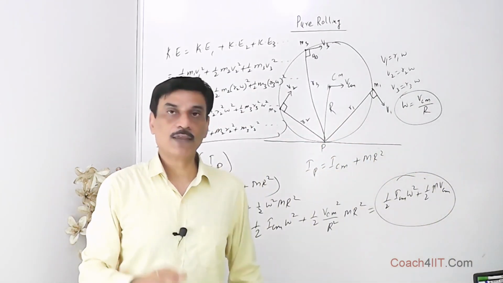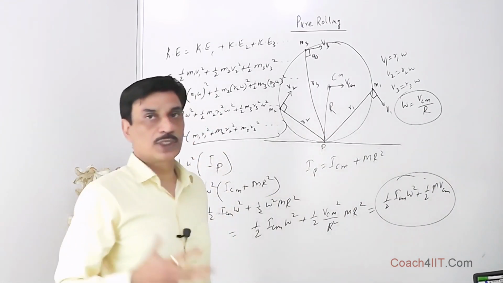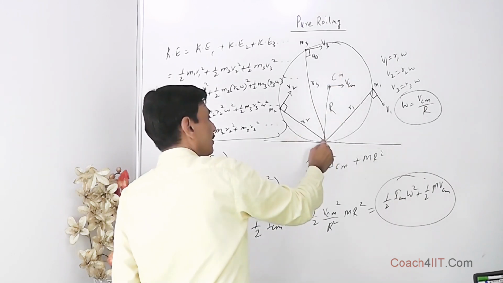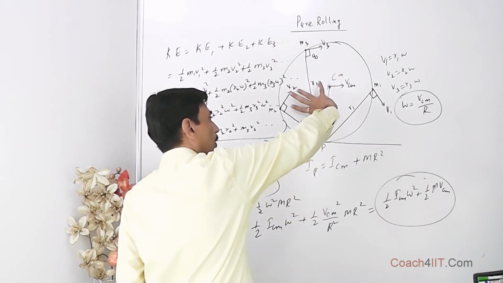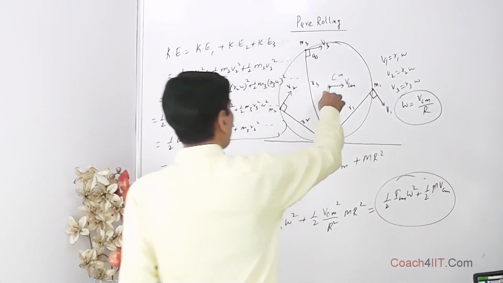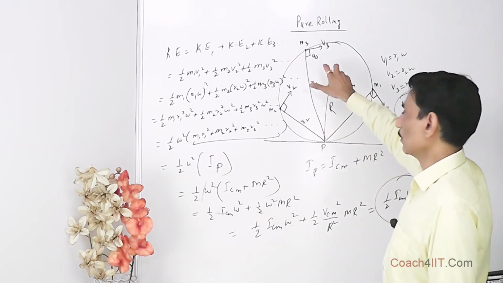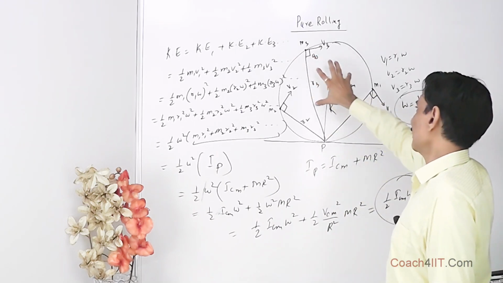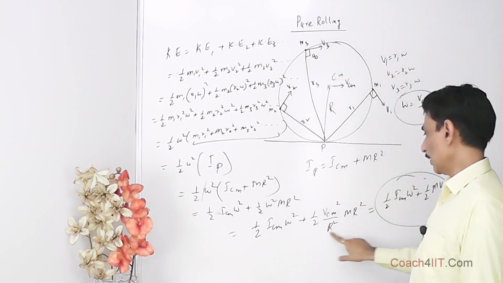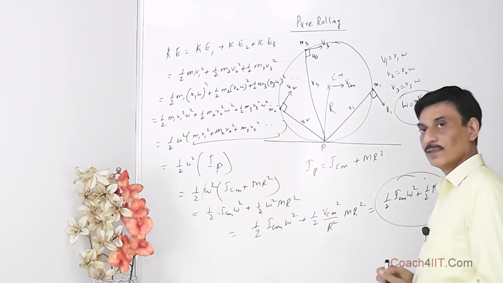So if we have to find the kinetic energy of this body which is in pure rolling, you can find the total kinetic energy taking this as the axis, with the whole body revolving about this axis. This is also equal to the pure rotational energy about the center of mass, half ICM omega square, plus the translational energy as if it were a point mass, that is the translational kinetic energy, half m VCM square.